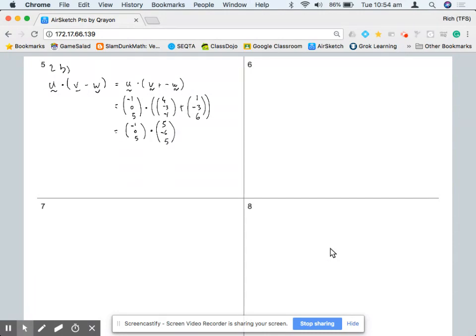So I've got the dot product of those two vectors, which I'm then going to write down as negative 1 times 5 plus 0 times negative 6 plus 5 times 5, and that's going to equal negative 5 plus 0 is negative 5 plus 25 is equal to 20.